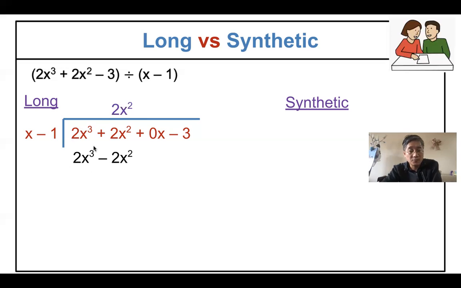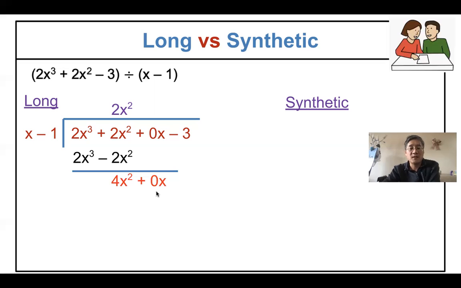Subtract, right? When you subtract, this and this cancel. So 2x squared minus negative 2x squared, minus minus becomes plus, so 2x squared plus 2x squared is 4x squared. And then you bring this 0x down here.